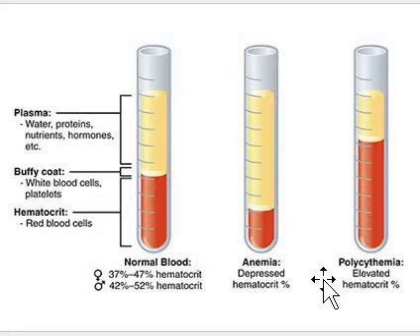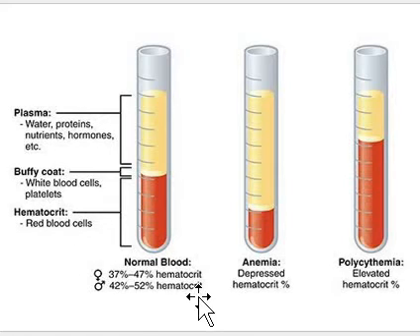So here is a small representation. This is the plasma, which consists of water, proteins, and nutrients. Here the buffy coat is WBC and platelets, and this hematocrit is RBC.